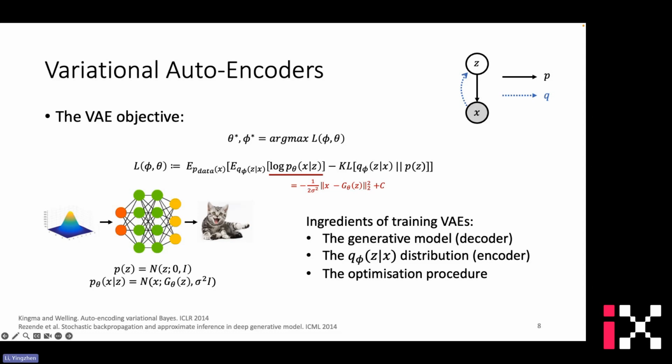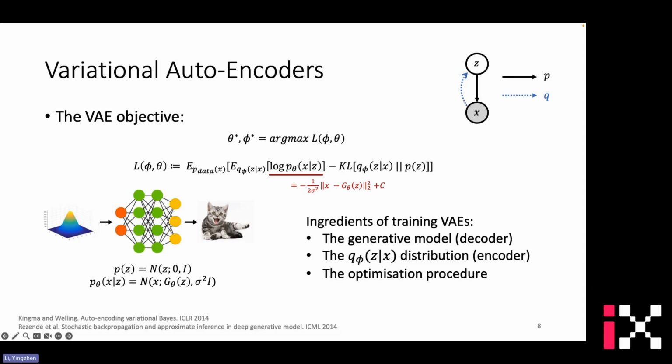So maximizing the first term asks you to minimize the reconstruction error. This again reflects the autoencoding part, because autoencoders are trained to minimize reconstruction error.